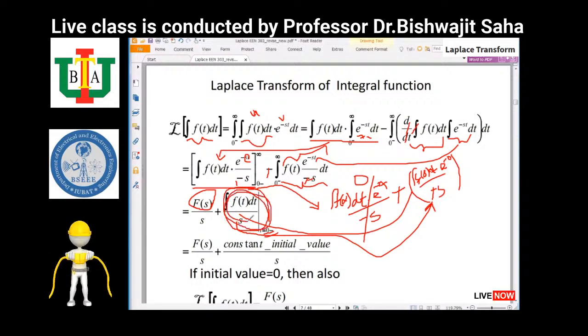If that is the initial constant value given in the problem, then you have to consider this as 0. Then ultimately the Laplace transform of the integral function is F of s divided by s. Clear, everybody?